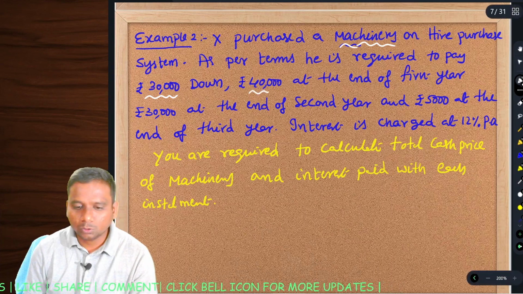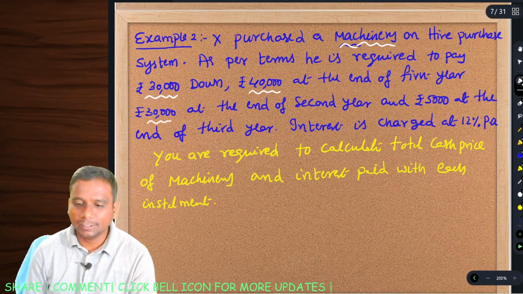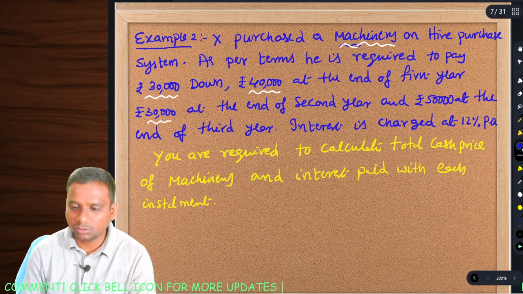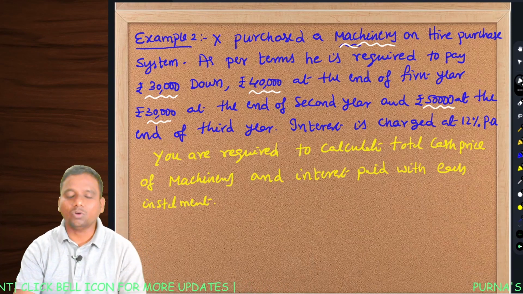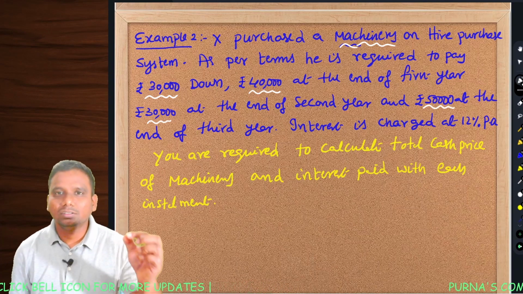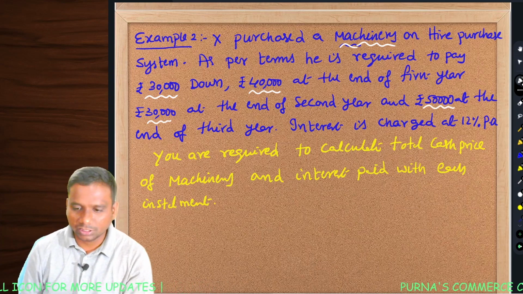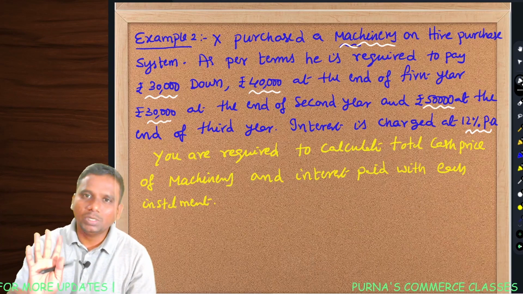And 40,000 rupees at the end of first year, 30,000 rupees at the end of second year, and 50,000 at the end of third year. Rate of interest is 12% per annum. So installments they are giving, rate of interest they are giving, and down payment they are giving.